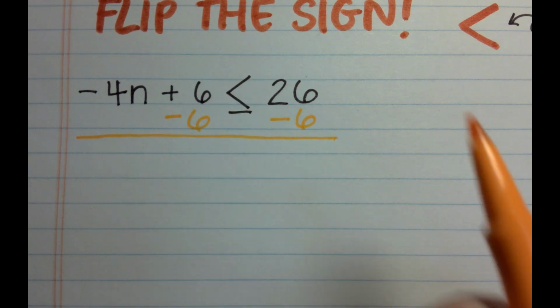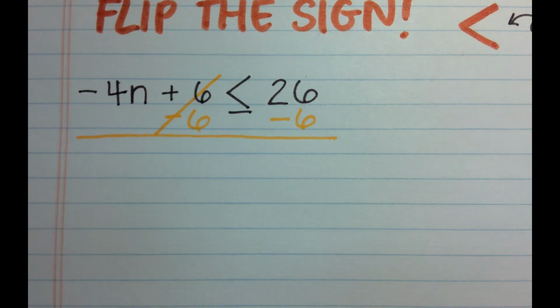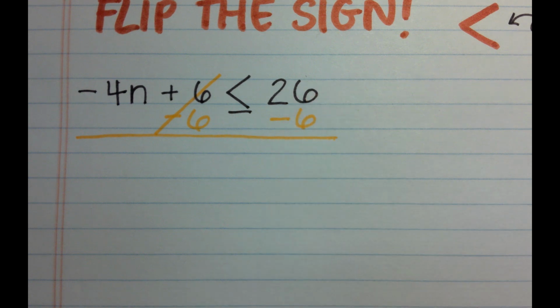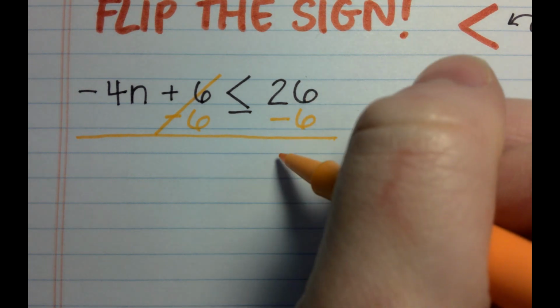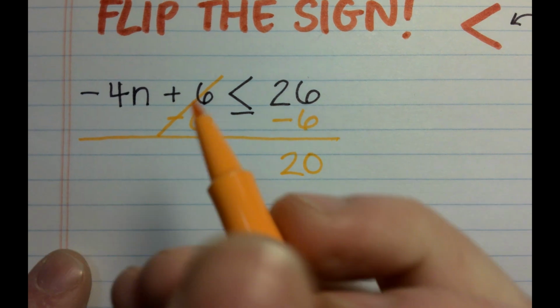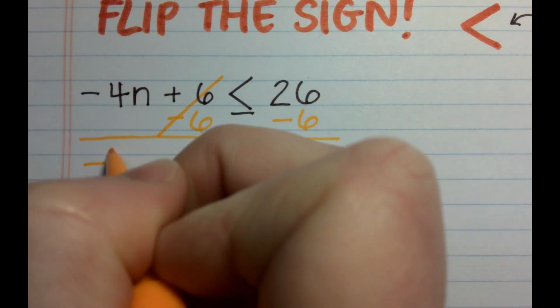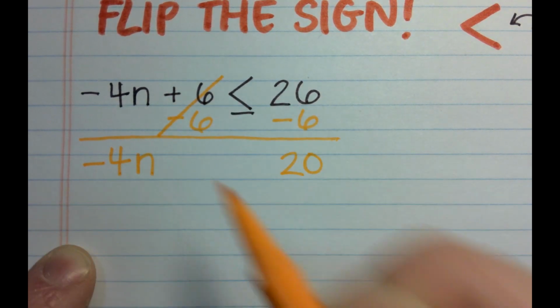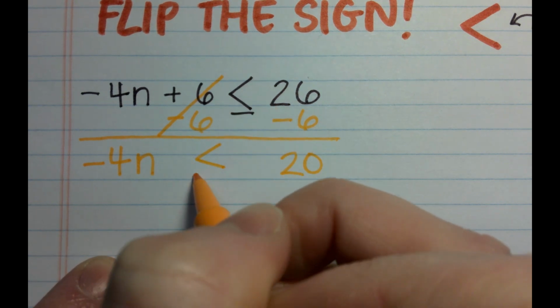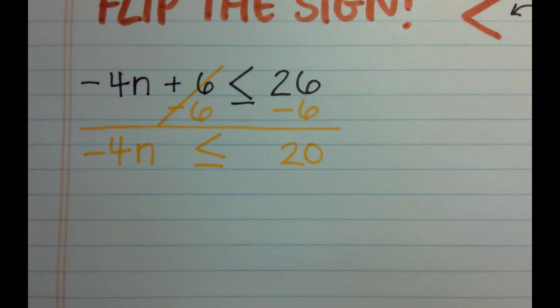Plus 6 and minus 6 cancel. It's 26 minus 6. 20. And then we'll bring everything down. Negative 4 times n is less than or equal to 20.